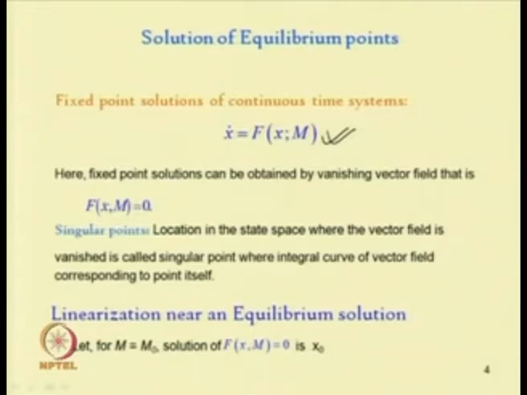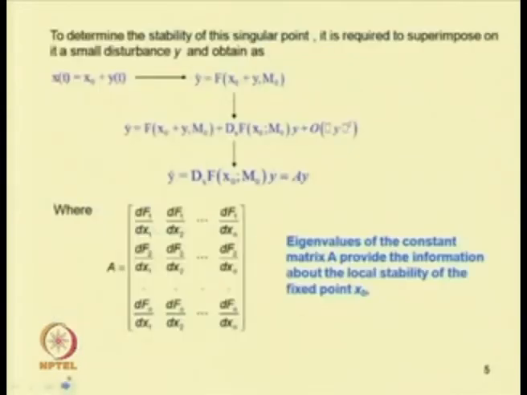Whether these equilibrium positions are stable or unstable, we can find by linearization near the equilibrium position. We perturb the solution near the equilibrium position x equal to x0, find the Jacobian matrix, and by finding the eigenvalues of the Jacobian matrix we can tell whether the system is stable or unstable. So, let x0 be the equilibrium solution, and we give a small perturbation y(t) to the solution, so we write x(t) equal to x0 plus y(t).